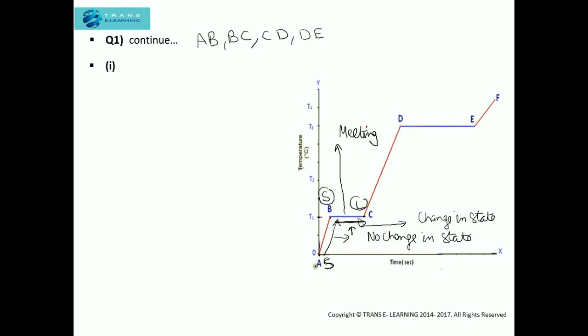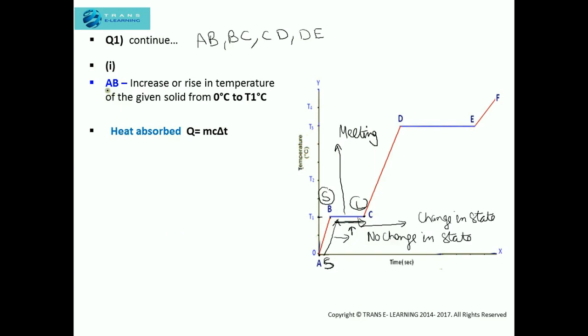So if we answer this question, what do AB and BC represent? First of all, AB represents the increase or rise in temperature of a given solid from 0 degrees Celsius to T1 degrees Celsius, and the heat absorbed in this case will be mcΔT, where m is the mass of the substance, c is the specific heat of the substance, and ΔT is the change in temperature, that means T1 minus 0 degrees Celsius.